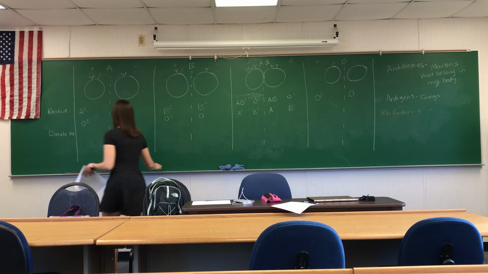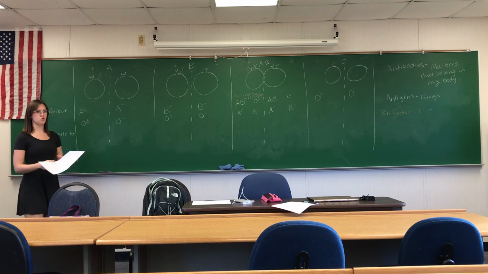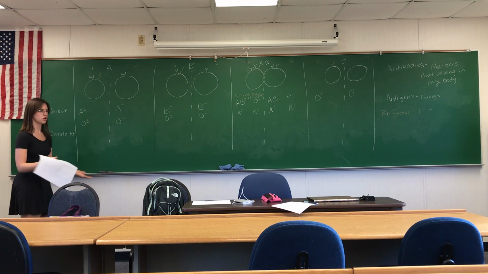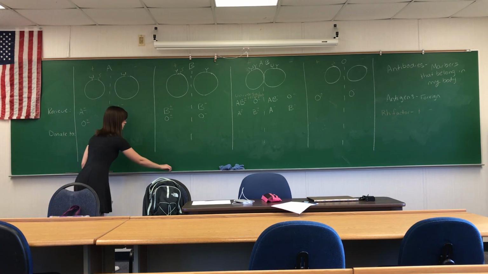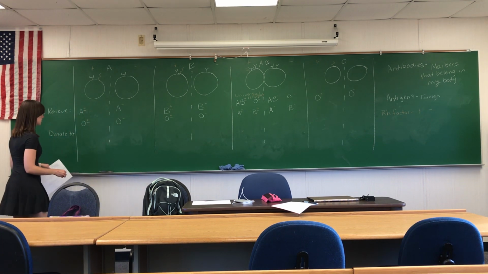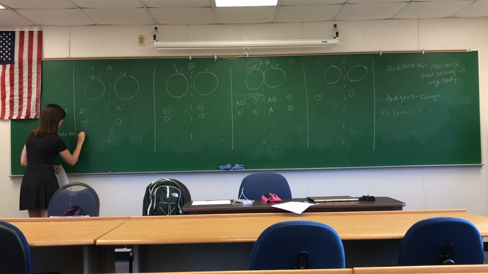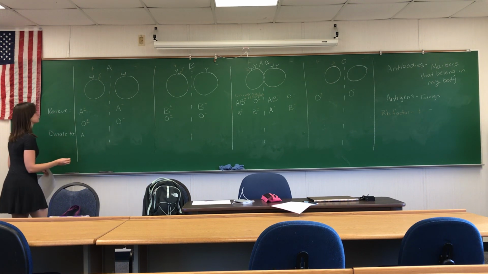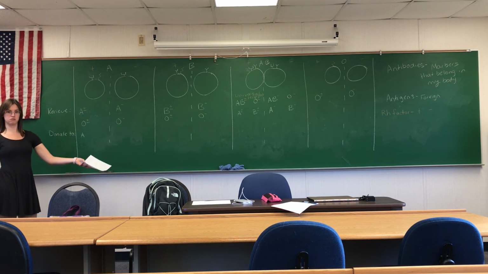So it's great that we know who we can receive blood from, but we also want to know who we can donate blood to. So my A positive person, who can they donate to? Well, they can donate to themselves, first of all. So they can donate to A blood. They can also donate to AB.